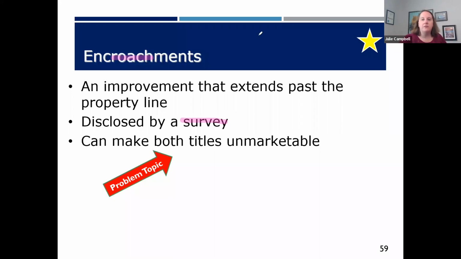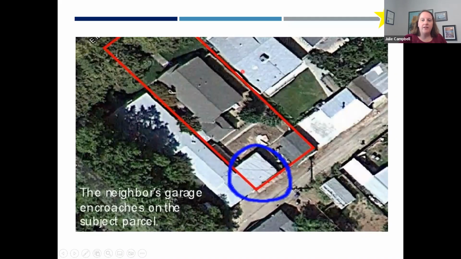So here's a picture. I like pictures. This red line is the property line. This is like some kind of building or garage or something. Look at that. That's a huge encroachment. Is there a garage coming over into your land? Yeah, that's an encroachment.